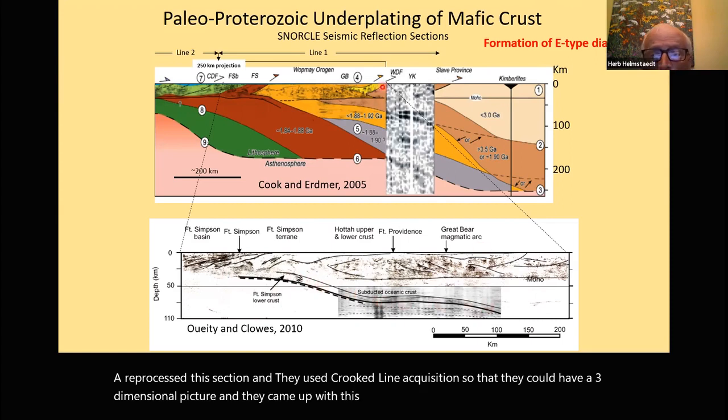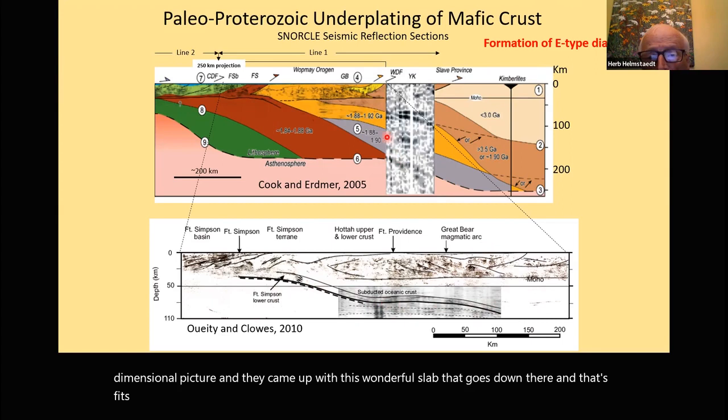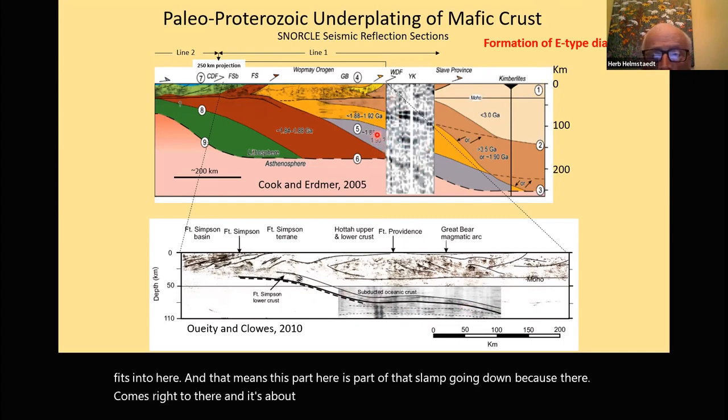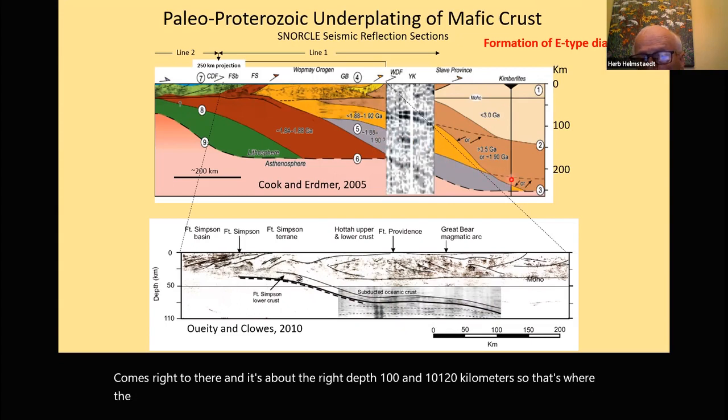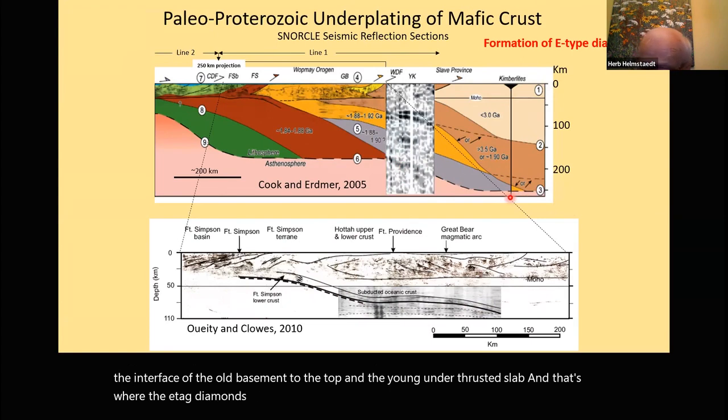And that fits into here, and that means this part here is part of that slab going down, because it comes right to there, and it's about the right depth, 110, 120 kilometers. So that's where the interface of the old basement to the top and the young underthrusted slab is, and that's where the E-type diamonds are related to it.